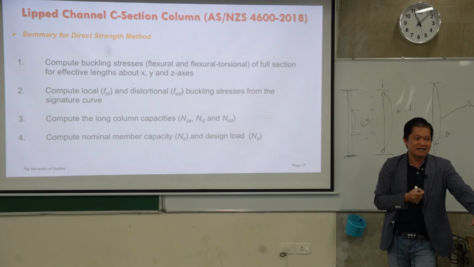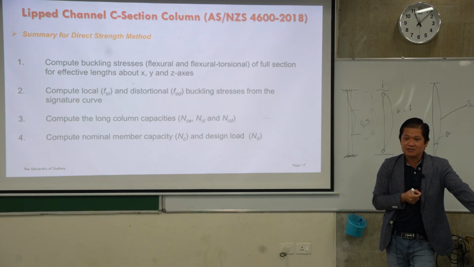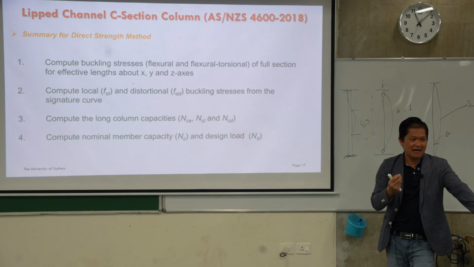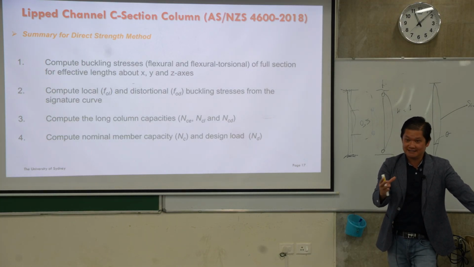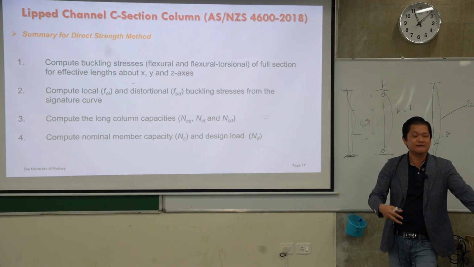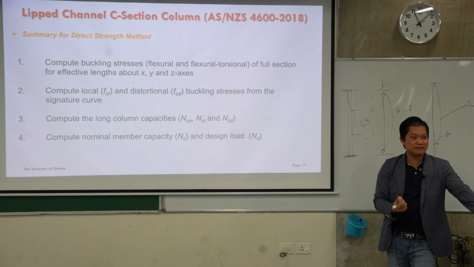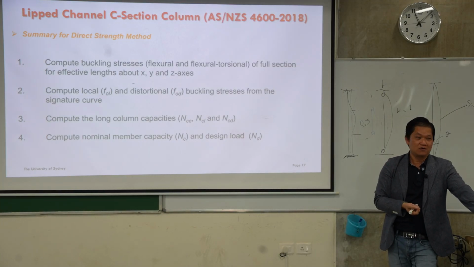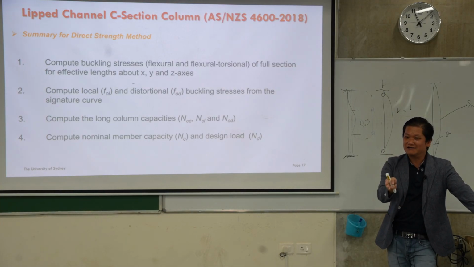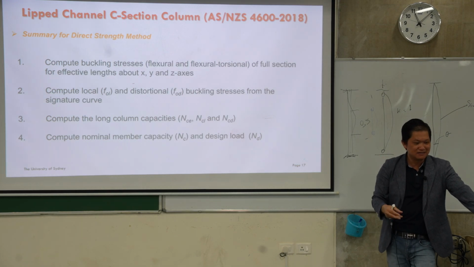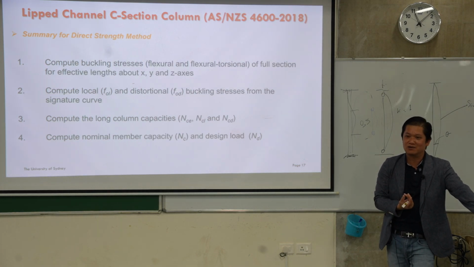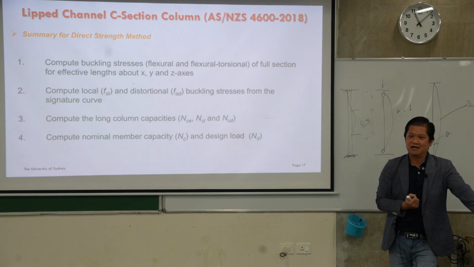And importantly, the direct strength method covers the behavior behind that. We understand the buckling of the whole section, the local buckling of the whole section, the distortional buckling of the whole section, and how it buckles. We're not looking at the effective width and just divided elements, and getting confused. I don't know what's going on there, but it works. But we don't see the behavior behind it.